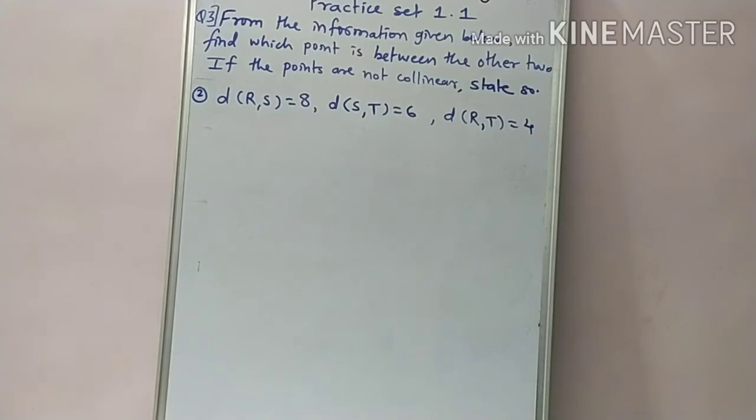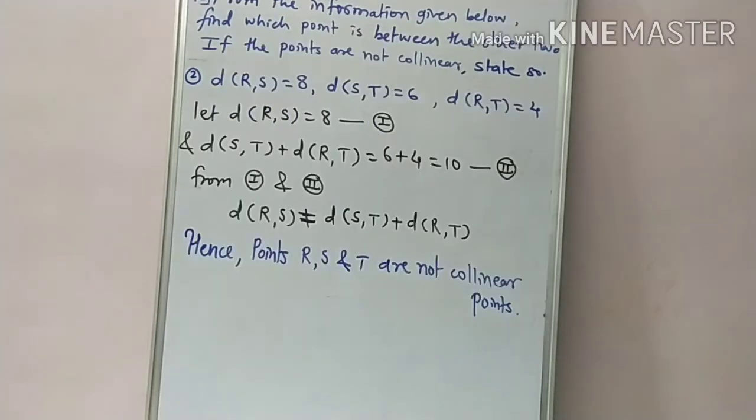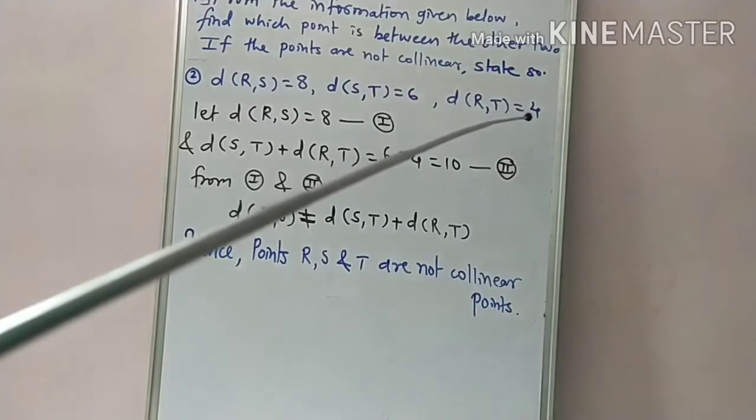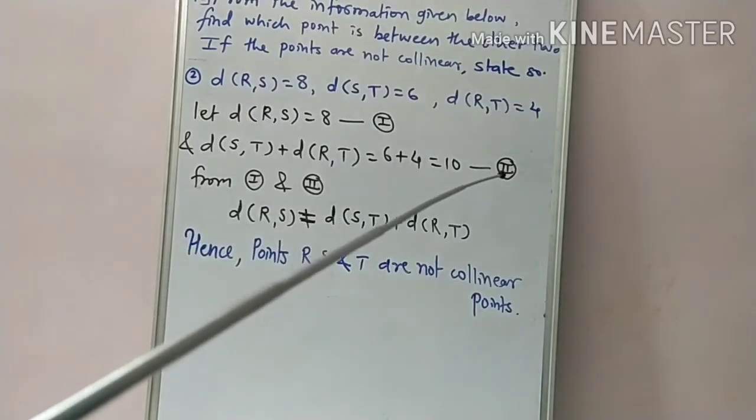Okay, so here we write that down. Pay attention over here. Like this, we mention that the longest distance RS is 8, number it as 1. Then distance ST plus distance RT is equal to 6 plus 4, so the addition is 10, number it as 2.